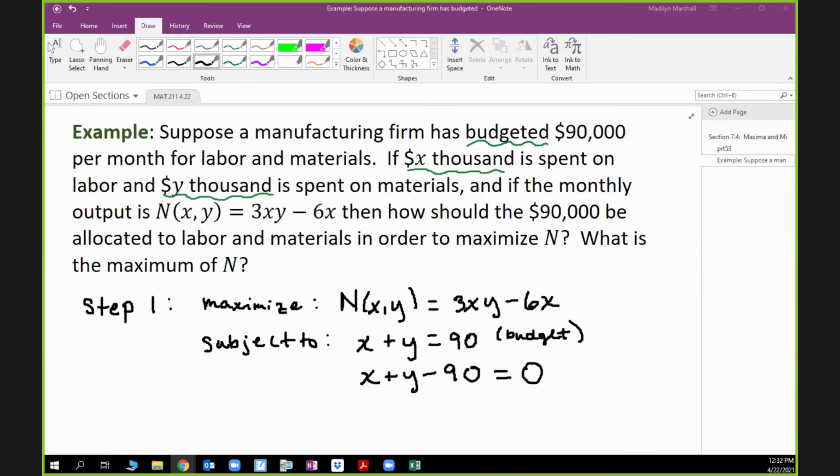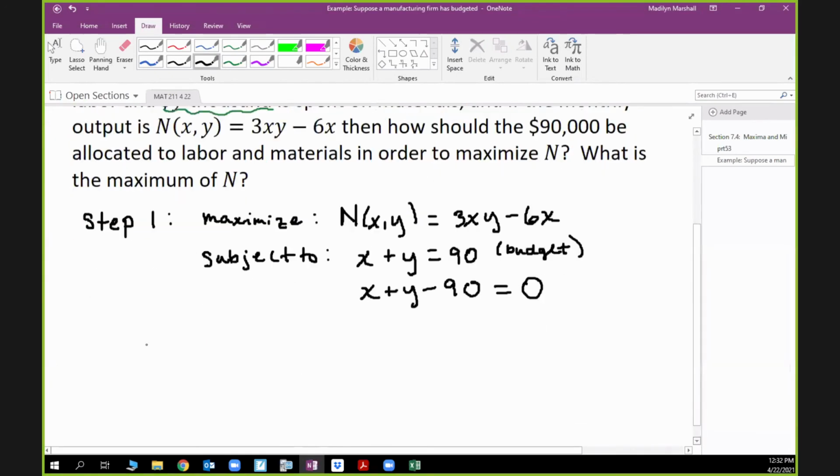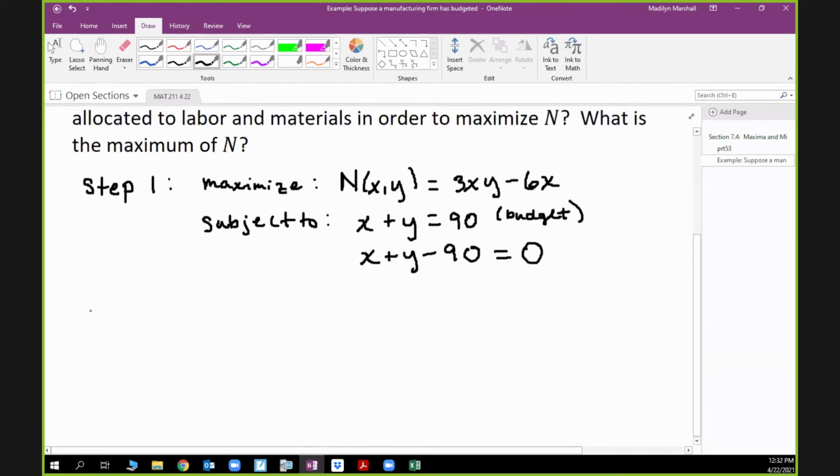So let's go on to our next step. Step 2 was to form that free variable function, which is F of x, y, lambda equals. Our actual step in the official steps uses the little f as just the general function that we're trying to maximize, but in this case that is N of x, y.